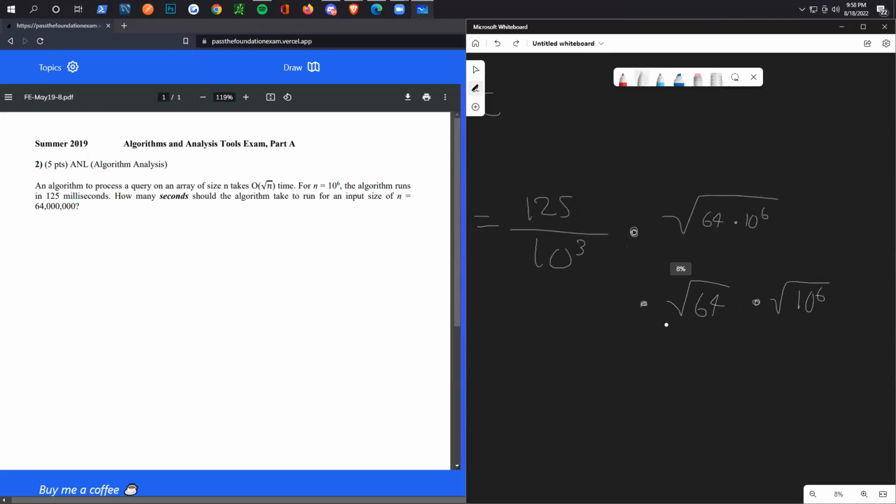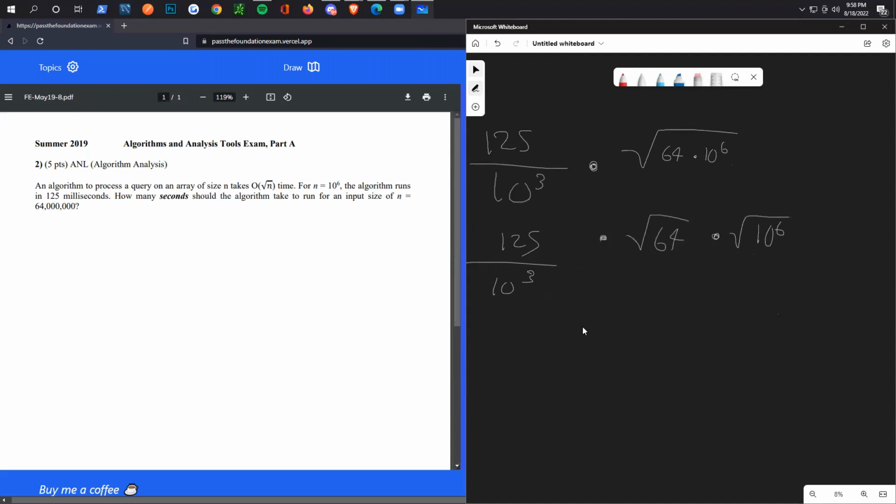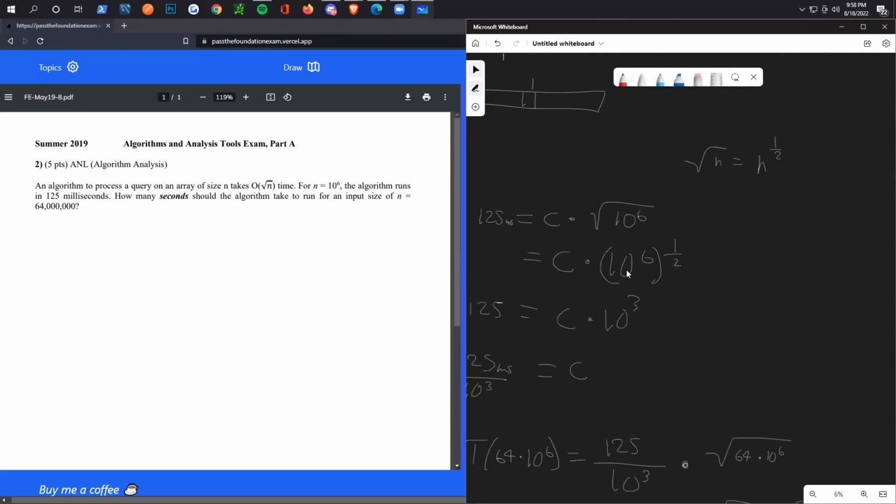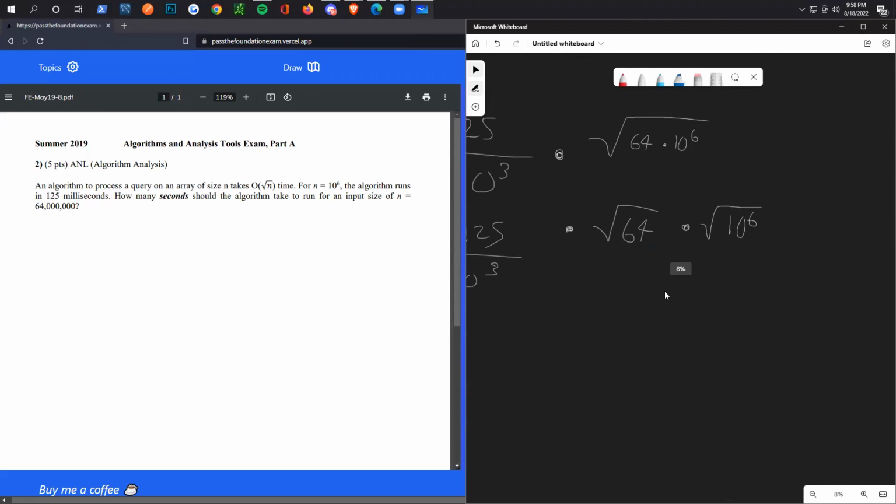And now, as you remember, this is our constant. From this point, we can just take the same answer that we put up here. So the square root of 10 to the 6, which is 10 to the 6 to the power of 1/2, is just going to be 10 to the 3. So now we're going to have 125 over 10 to the 3 times the square root of 64, which is 8, times 10 to the 3.